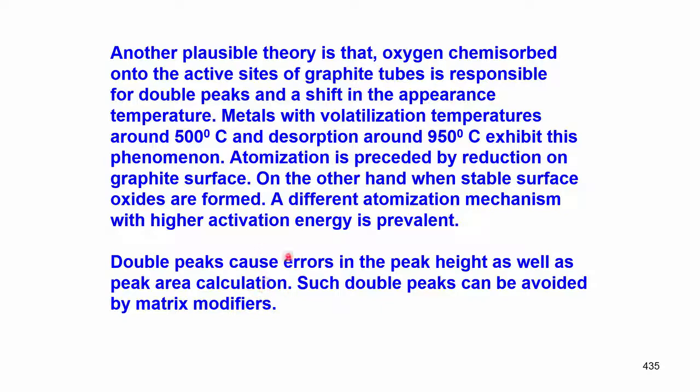The computer may do it correctly, but your calibration will go wrong. So, such double peaks we can avoid by matrix modifiers. Okay. That is one of the contribution from me towards the atomic absorption by electrothermal graphite technology.